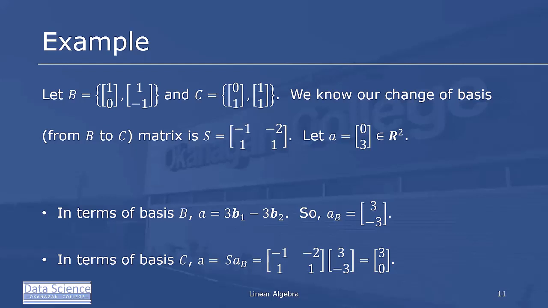And we get that that's the vector (3, 0). So (0, 3) is in our standard basis, (3, -3) is the same physical vector in terms of basis B, and (3, 0) is again that same physical vector in terms of basis C.